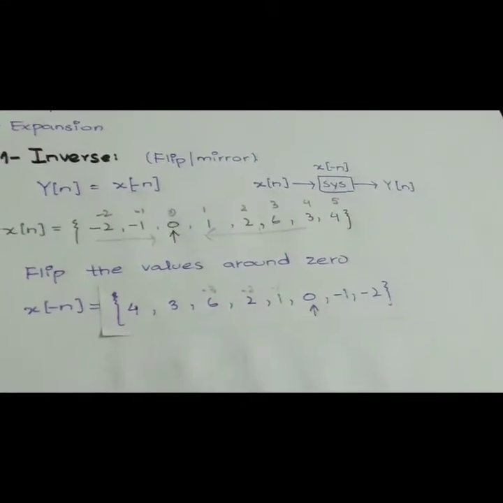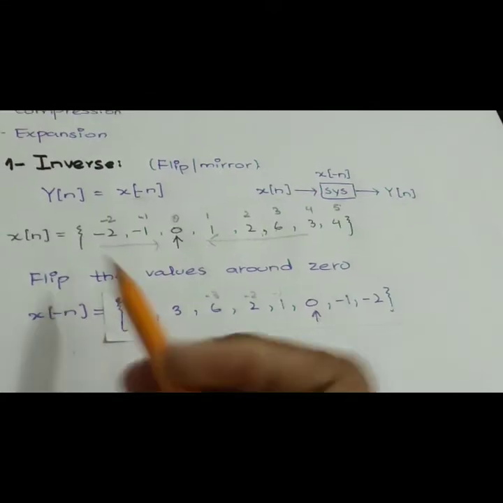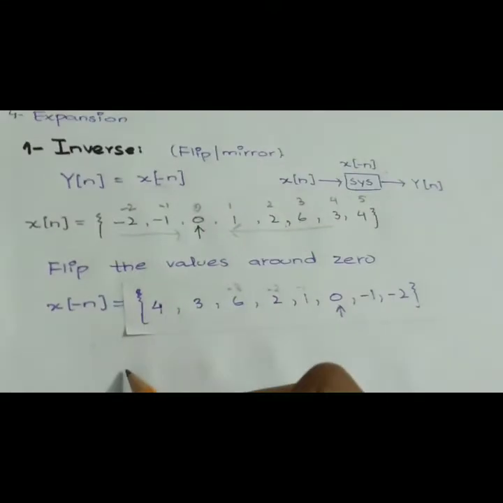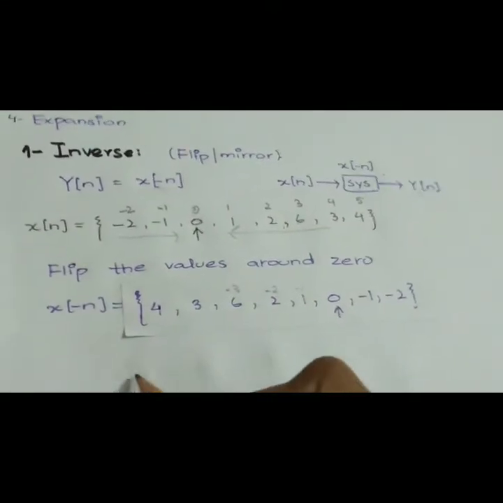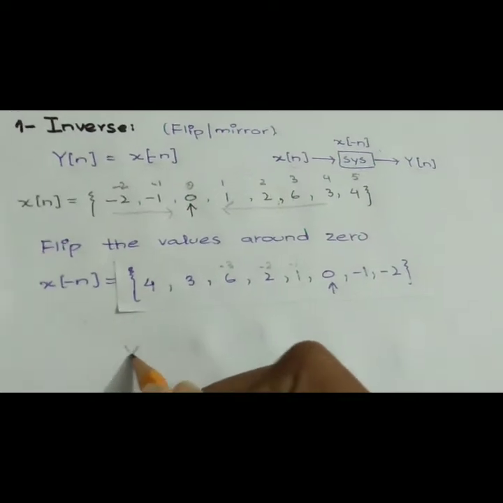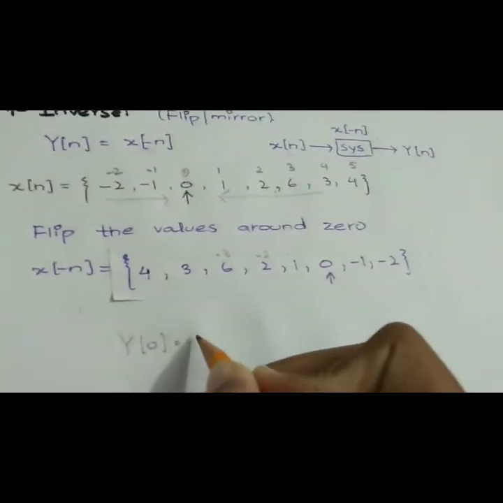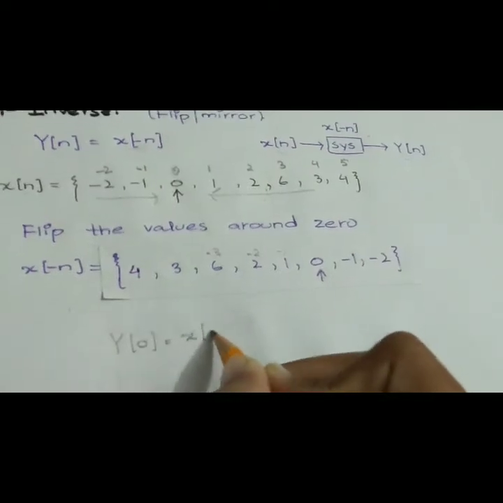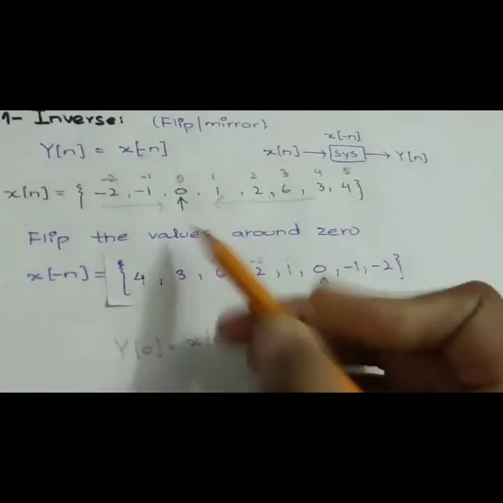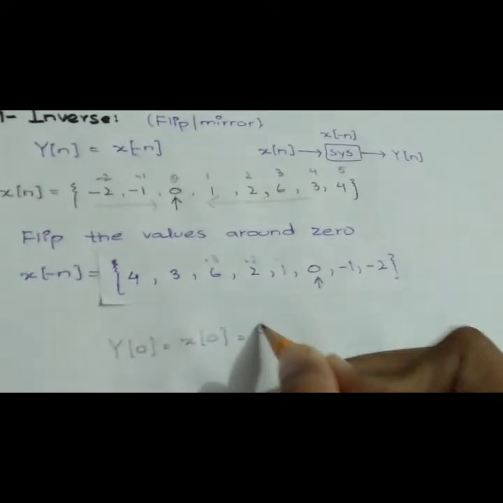We can also find the inverse by putting values in this system. Like if we want to find the value of y at 0, then y of 0 is equal to x of minus 0, which is equal to x of 0. So x of 0 is 0.